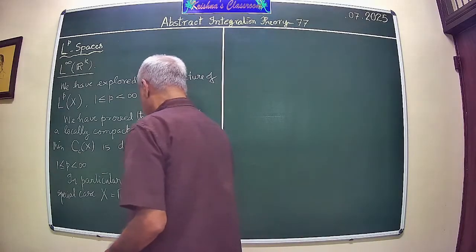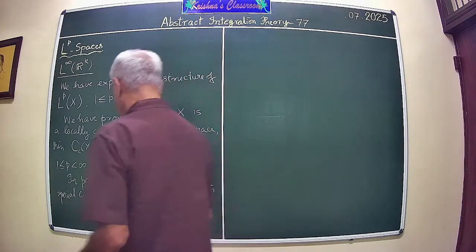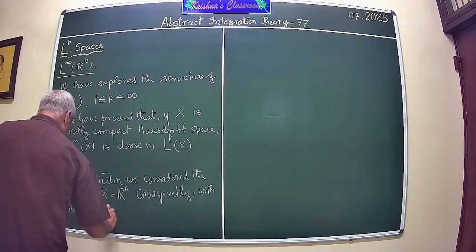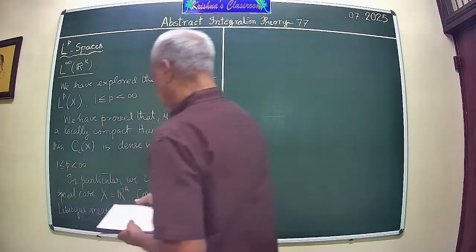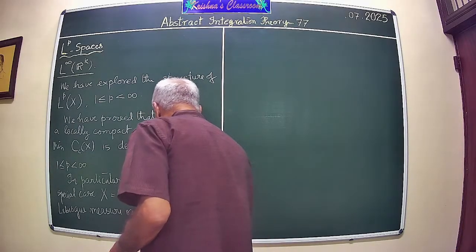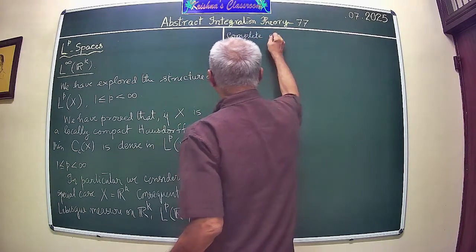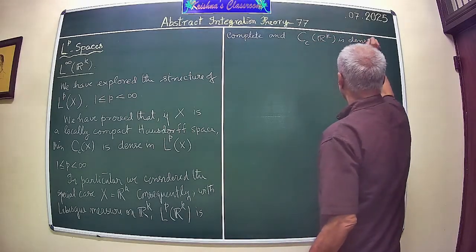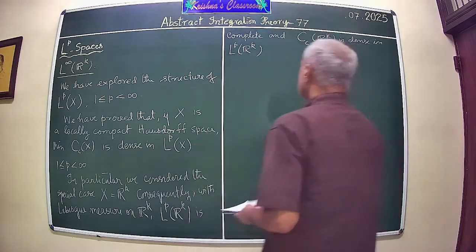Therefore, consequently, with Lebesgue measure, L^p(R^k) is complete and C_c(R^k) is dense in L^p(R^k) for 1 ≤ p < ∞.